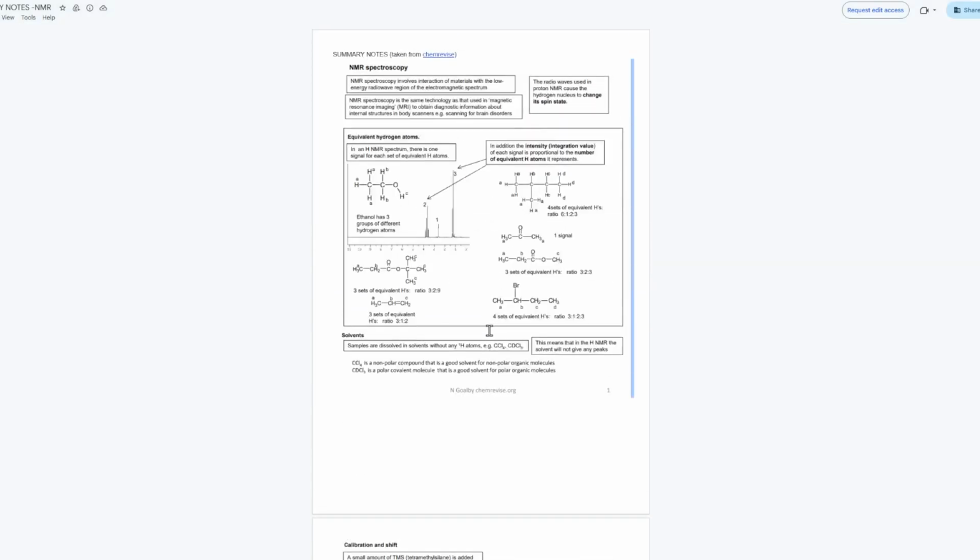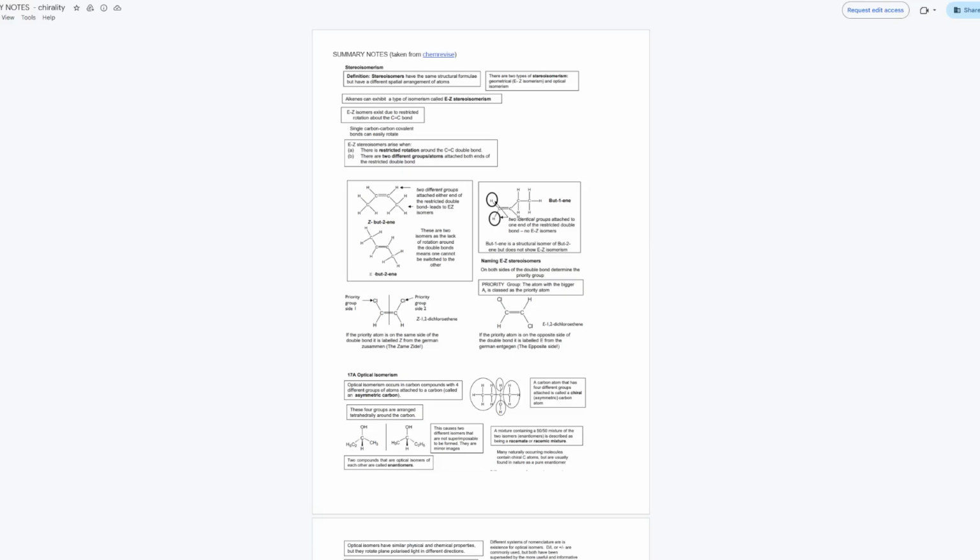This is only NMR, so I will have to open up a tab for chirality as well, and move them on over like so. So yeah, these should be our chirality notes.